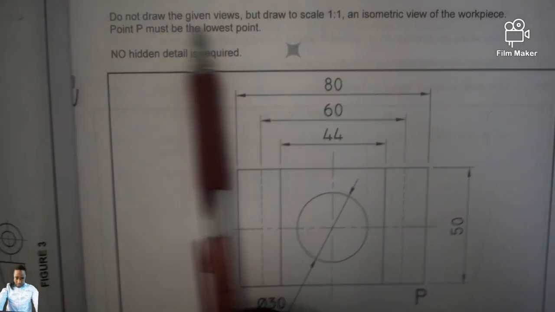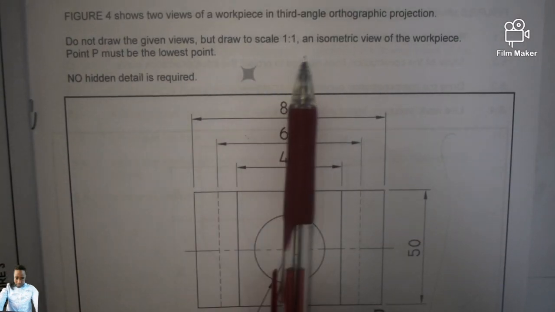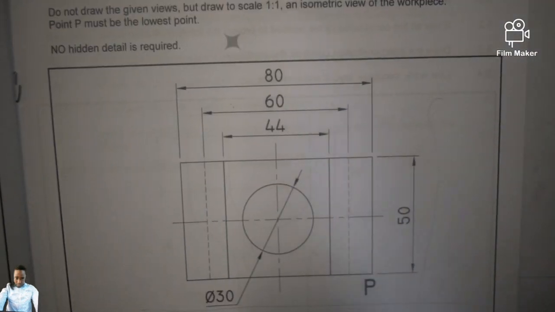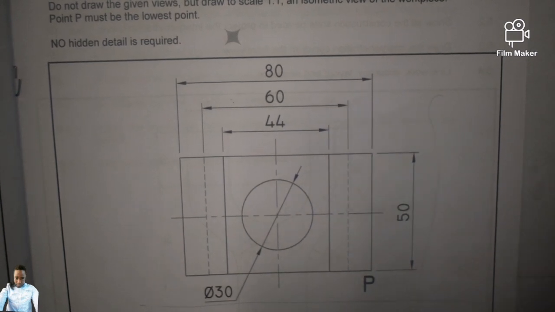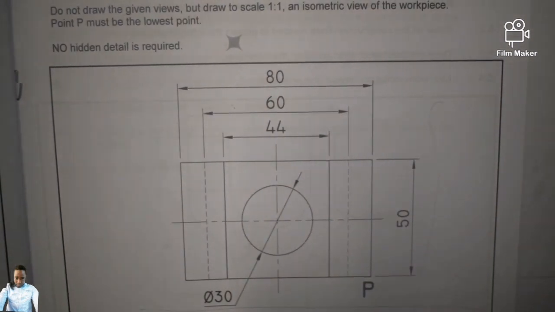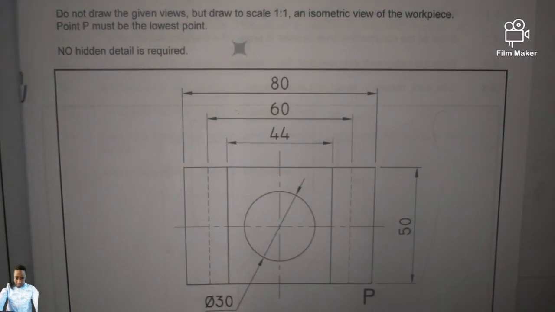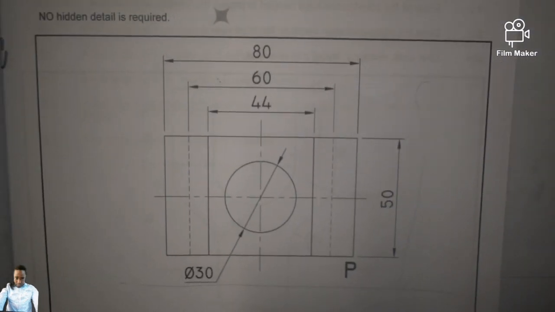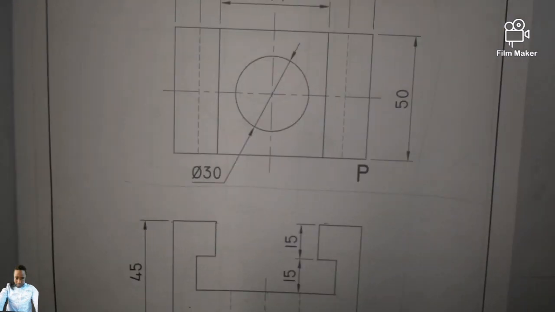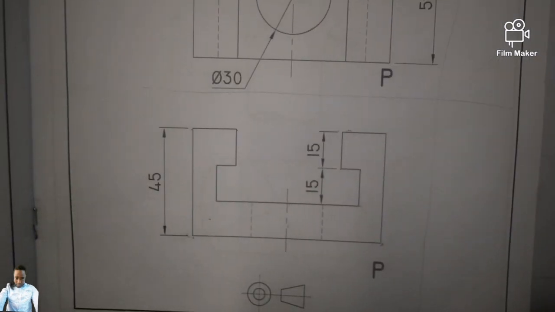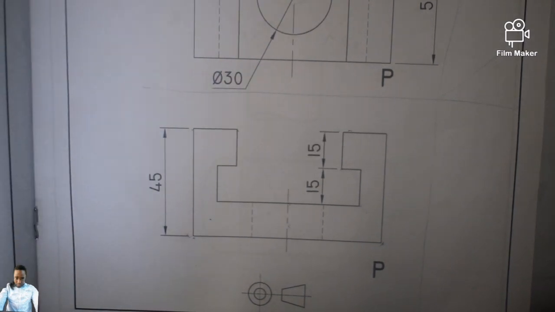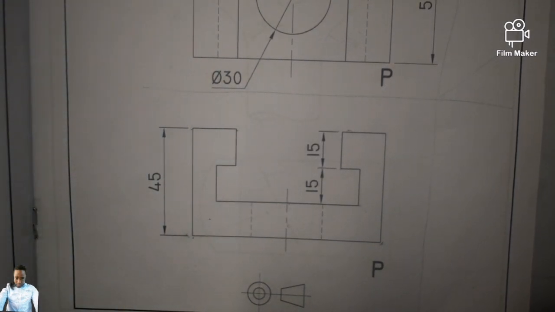But when you read the question, it will say draw this according to first angle orthographic projection. So it is very important to go through the question. Understand? So go and check it out. I'm 100% sure you are going to find something that will help you on our YouTube channel.